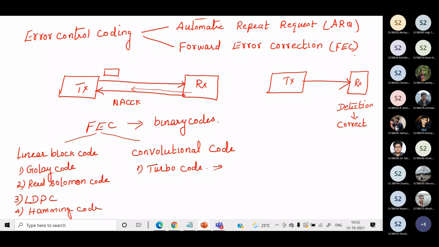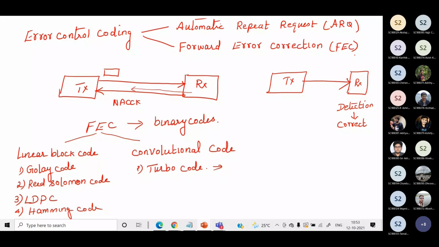If an error occurred, it will tell the transmitter that an error has occurred in this packet, so the transmitter will retransmit that packet. For this to happen we need two links: one is the forward link, another is the reverse link.